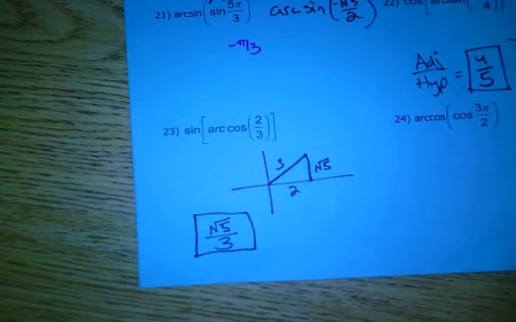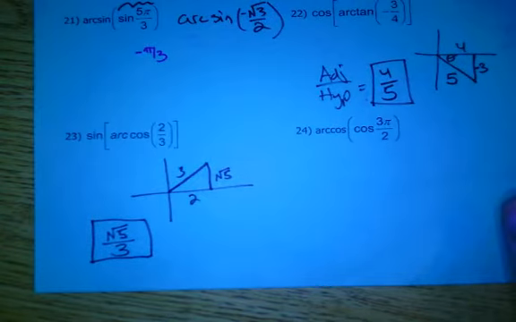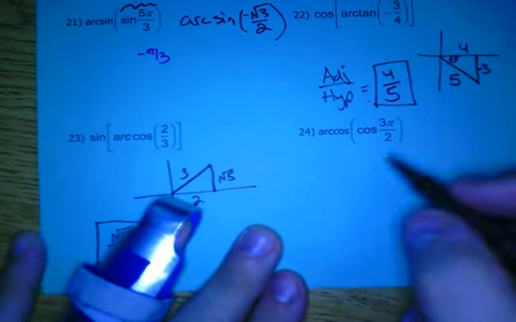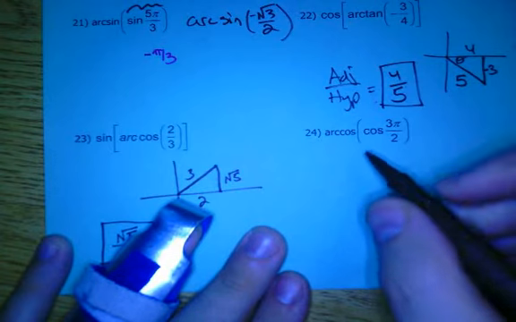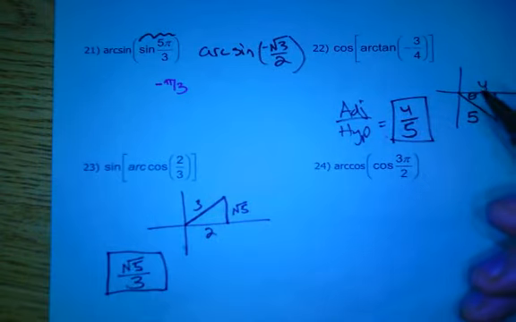And then why is this last problem different? Arc is on the outside, so I can't draw a triangle. What is cosine of 3 pi over 2? It's zero. They only cancel out if cosine is on the outside. If you have the arc on the inside, you can cancel it out.